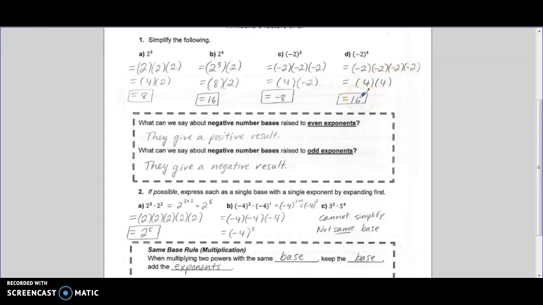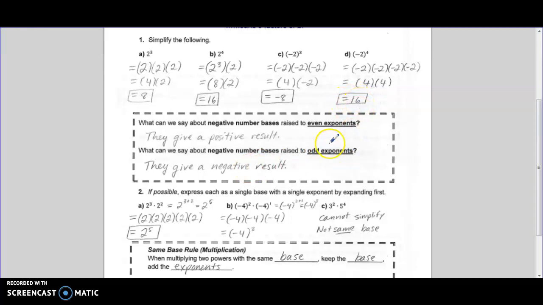Okay, so what we are trying to show you here is what is summarized here in this box down here. What can we say about negative number bases raised to even exponents? So if you have a negative base, like we do here in C and D, and the exponent is even, okay, so like we do here, your final answer or your result will be positive.